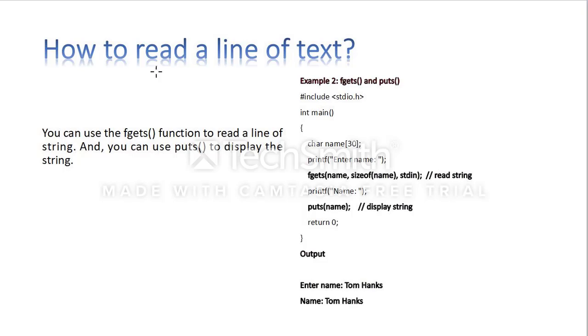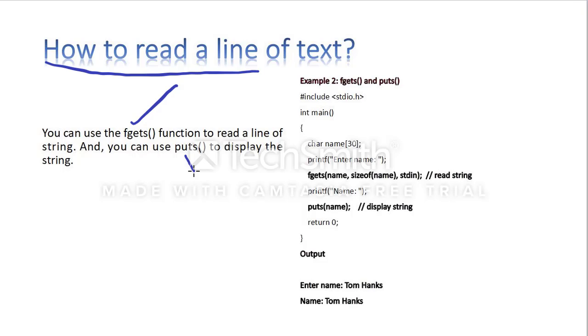Then how to read a line of text? Previously we have done only a sequence of characters without white space, or if you get any new line, it can't take it. But if you want to take the whole thing as a string, then you can use two functions, fgets and fputs.